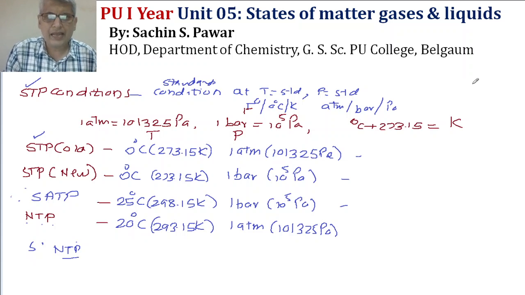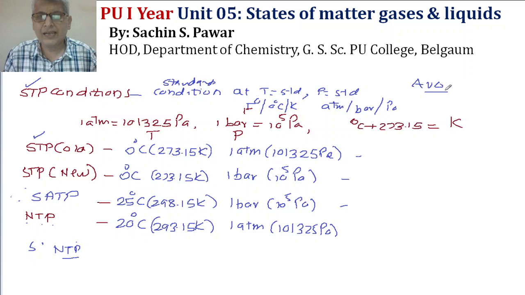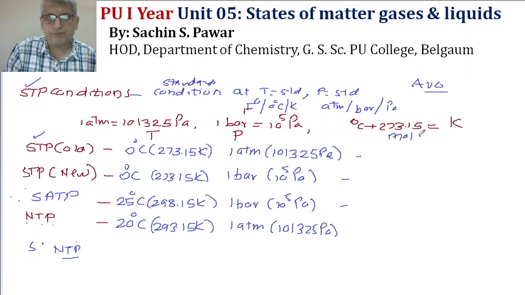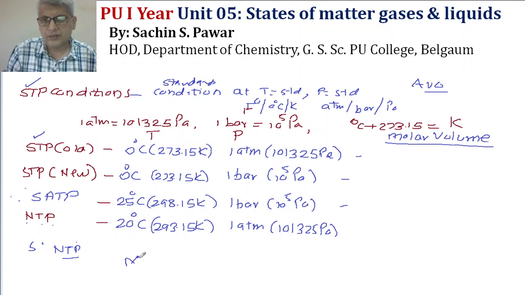Now if you apply Avogadro's law, equal volumes of all gases under similar conditions of temperature and pressure should contain equal number of molecules. So for these standard conditions, we have a fixed volume, that is known as molar volume.